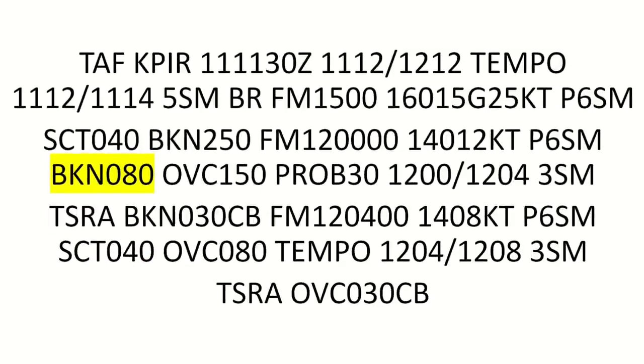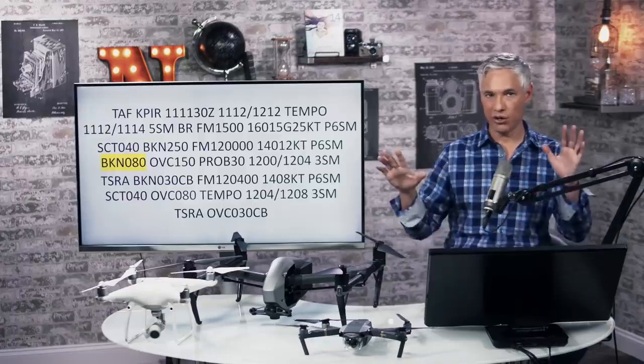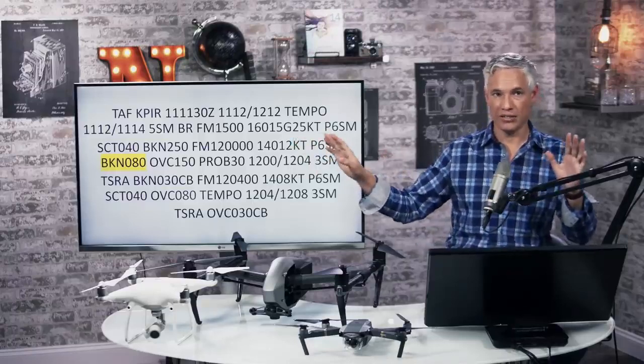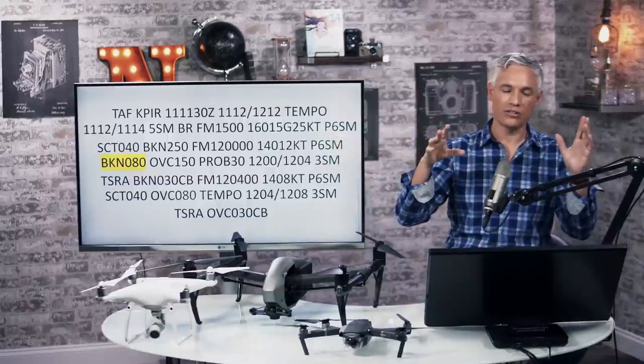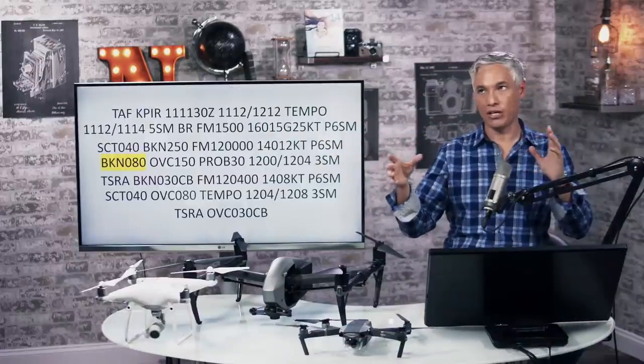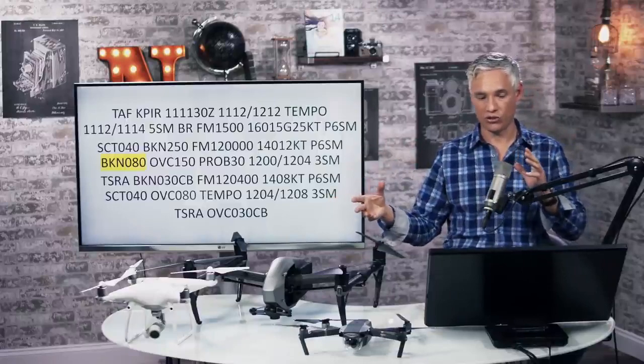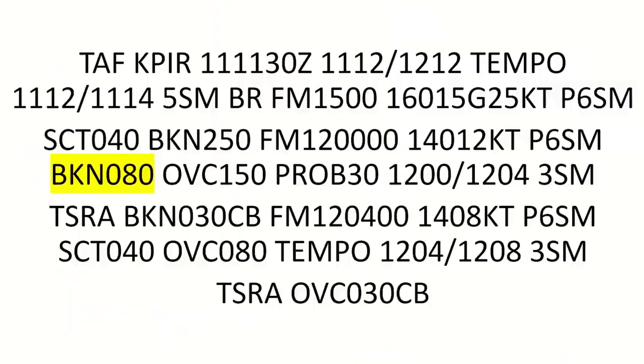Again, now we go into a description of cloud cover. You can see now it's just a pattern. We've already seen all the different things we're going to see in this TAF. It's now telling us this is the weather from this time to this time, and then for the next block of time, this is what the weather's going to be like. So starting at midnight, we're going to see broken clouds at 8,000 feet, overcast clouds at 15,000 feet.